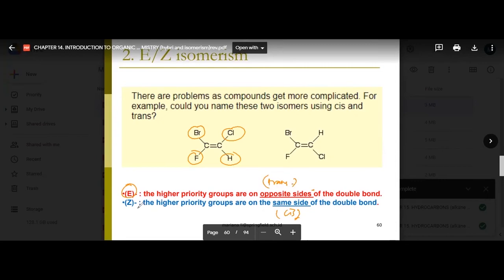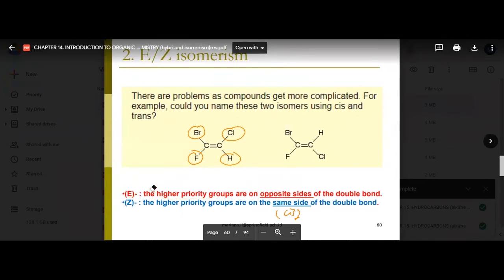E trans, Z cis. Please remember that. So according to this statement, E isomer exists if the higher priority groups are on the opposite side. So it is very important for us to know how to determine the priority.